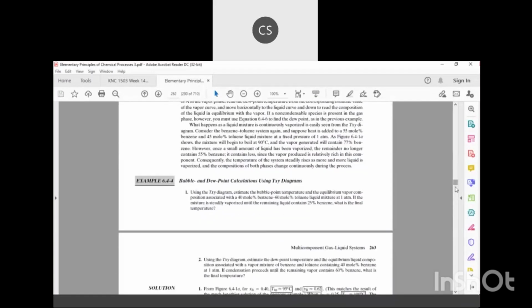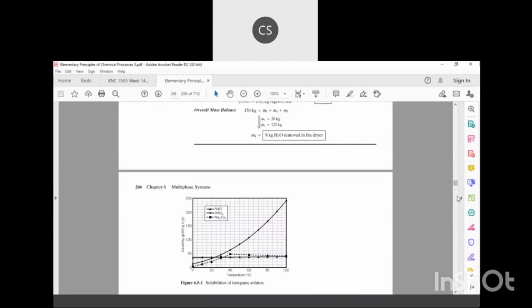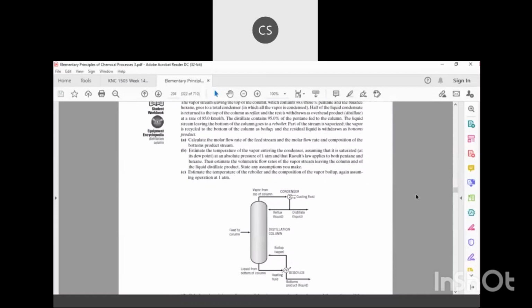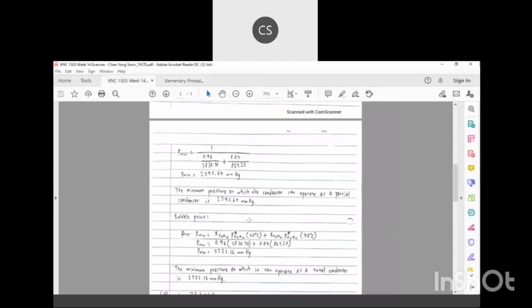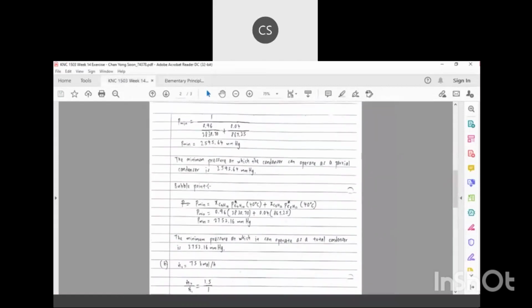For the bubble point pressure, you use this formula.